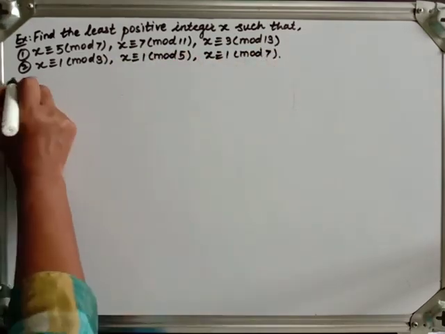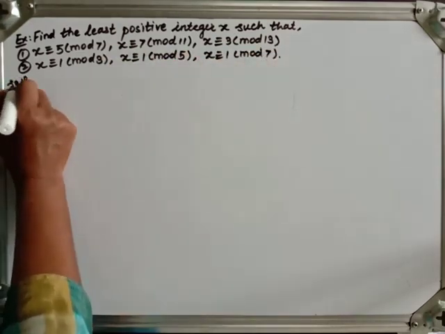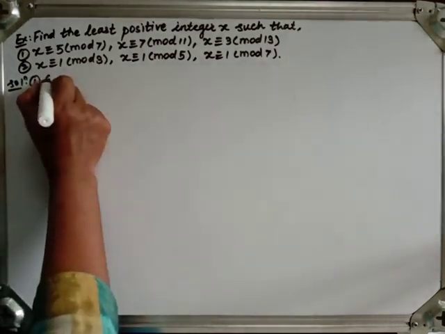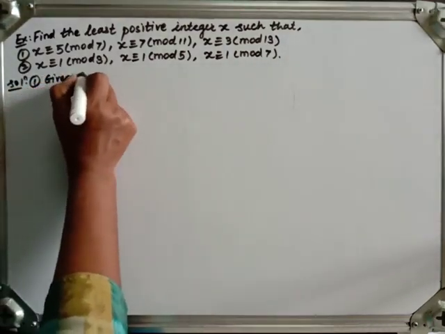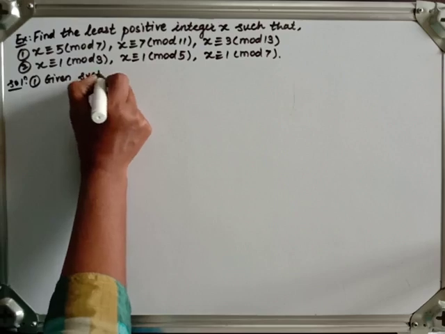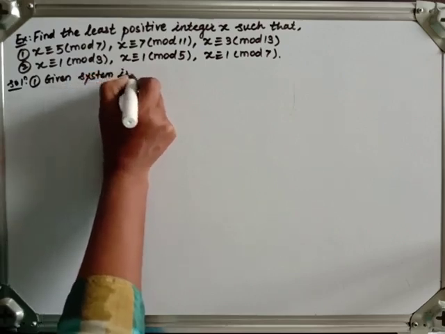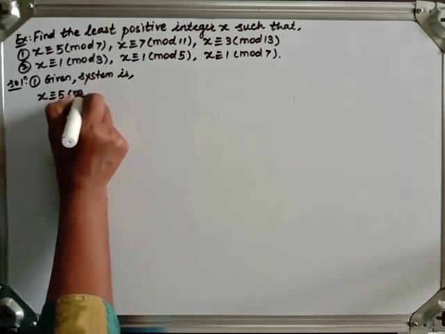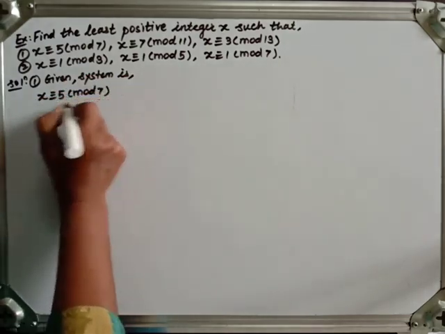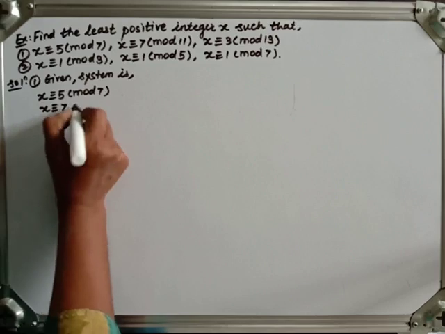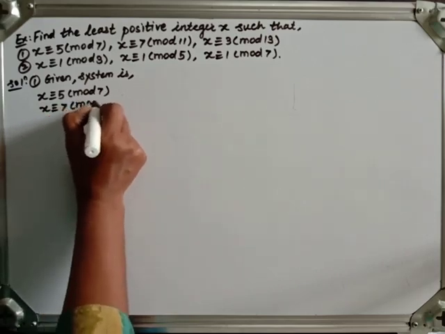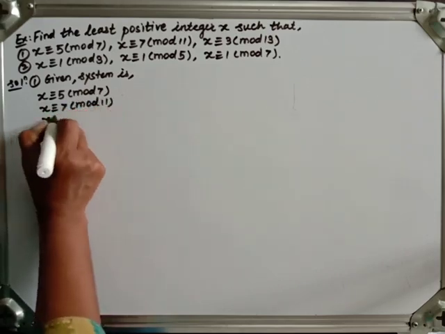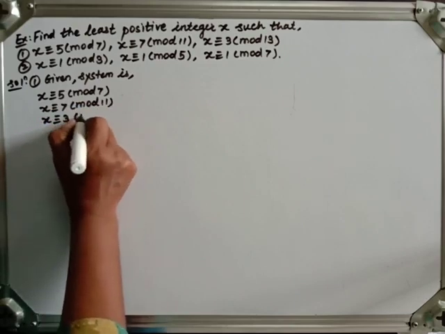Now, solution. First, the given system is x congruent to 5 modulo 7, x congruent to 7 modulo 11, x congruent to 3 modulo 13.